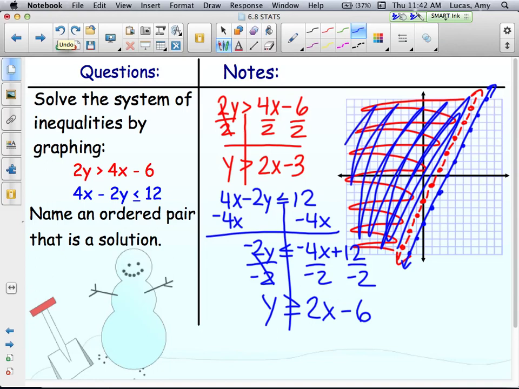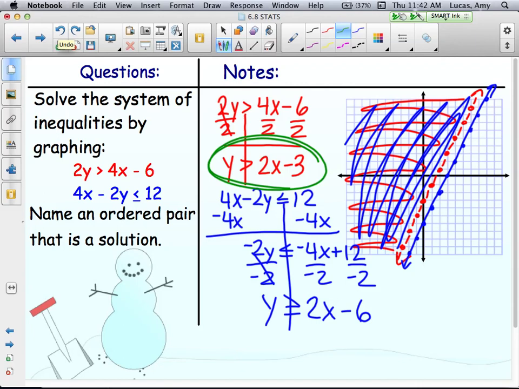So in between the blue and the red boundary lines, you should not be shading. You should only be shading the first one. So our solution set, when we put these 2 inequalities together, is actually that first inequality alone.